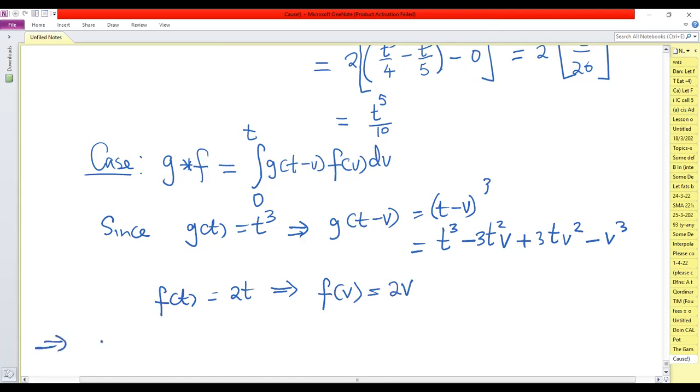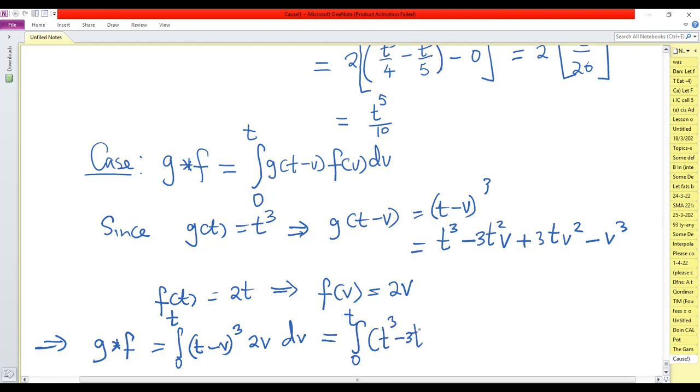So this means the convolution of g and f is the integral from 0 to t of t minus v cubed multiplied by 2v, which is f of v, dv. That is the same as the integral from 0 to t of t power 3 minus 3t squared v plus 3t v squared minus v power 3, multiplied by 2v, dv.